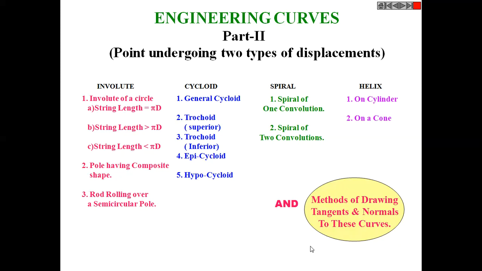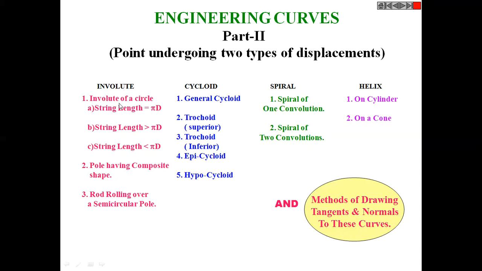So here the points will be tracing four types of curves. First one is the involute, second one is the cycloid, third spiral, fourth one is the helix.